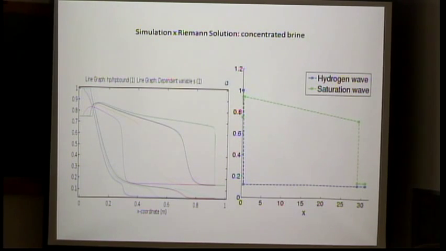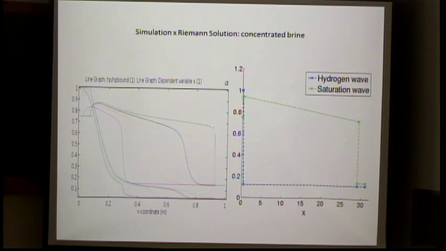These are simulations for very different times. So this is the profile of a certain time, the distribution of oil. So initially all of this is oil, all of this is oil, and this is water.